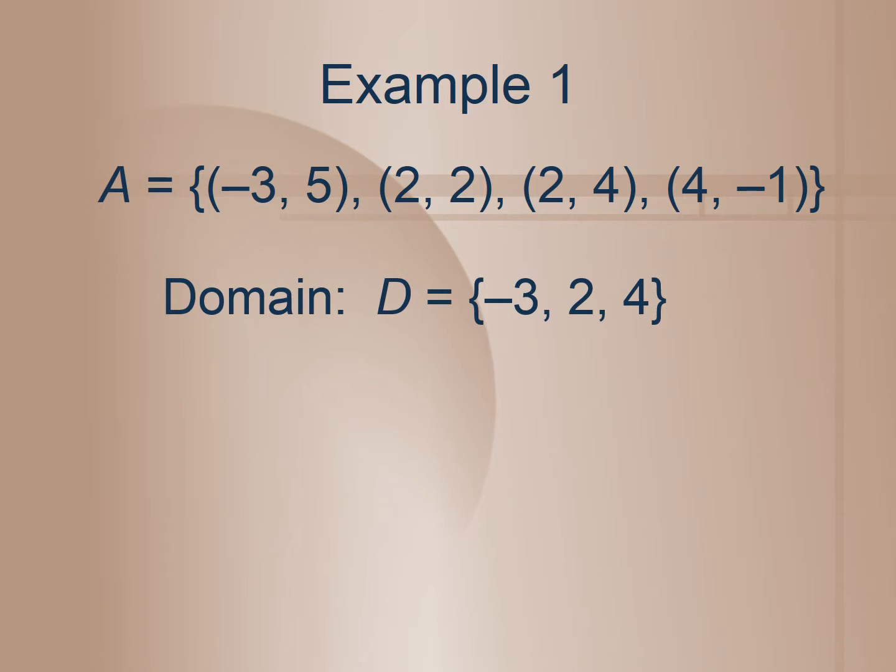So for domain, we would say D equals, and D is representing domain, so it's set D, equals {-3, 2, 4}, because those are the first values, or the x values in our relation. Notice that we order them from least to greatest. That's very important that you do that. And also, even though 2 appeared twice as an x-coordinate, we only have to write it once when we're writing out our domain.